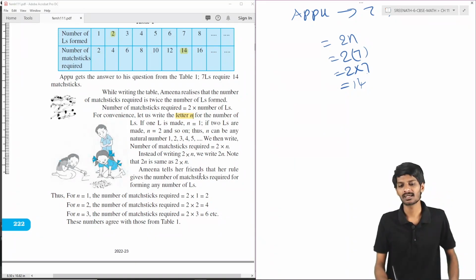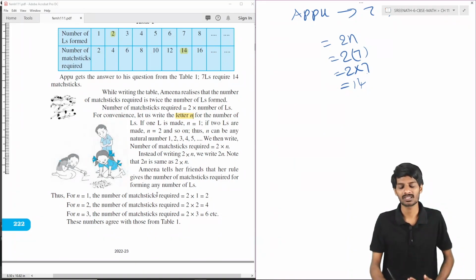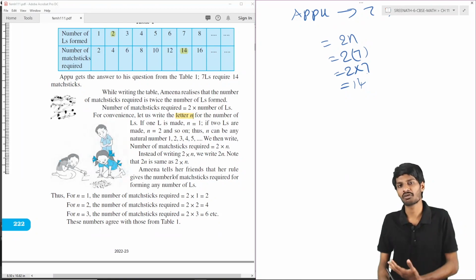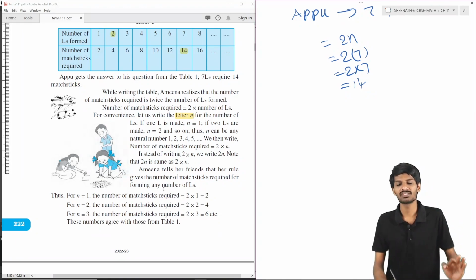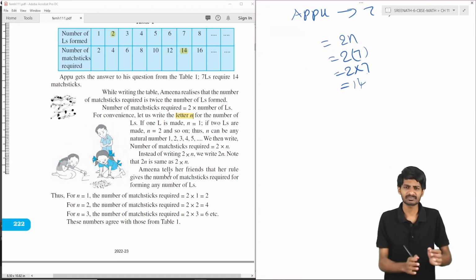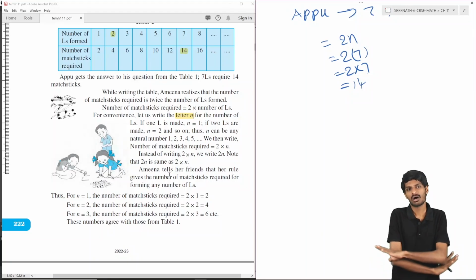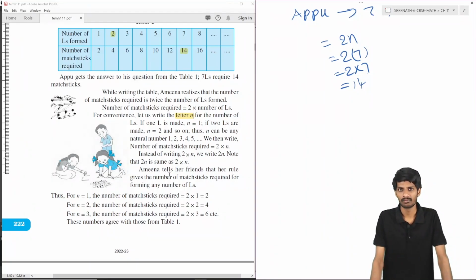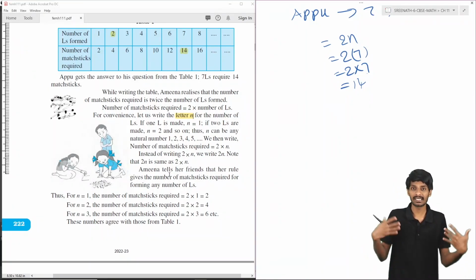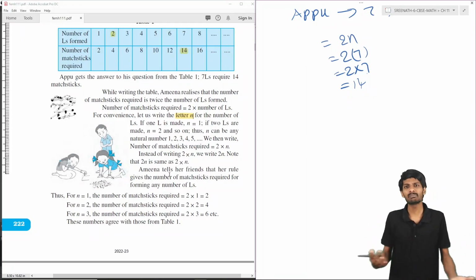So Amina tells her students that her rule gives the number of mastics required for forming any number of L's. So what is the use of this, students? We can say the number of mastics required for any number of L's. Even if you ask what is the number of mastics required for making 1000 L's, we can say it within a second.